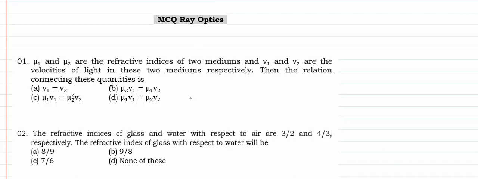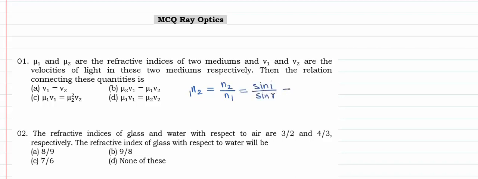So one common formula, remember it. The refractive index of the second medium with respect to the first medium is given by n2 by n1, or you can say sin i by sin r.